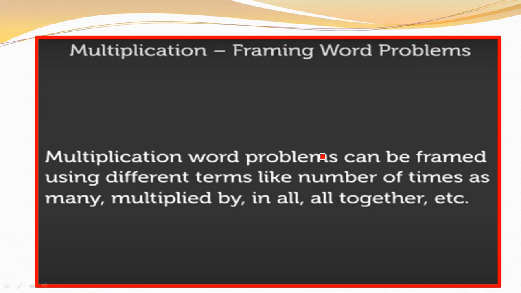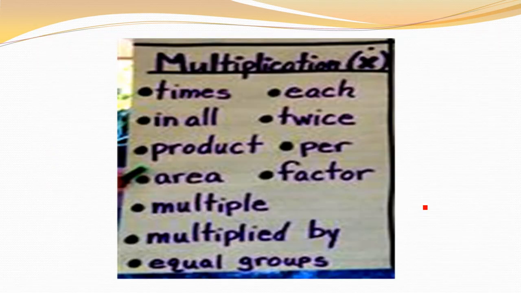Multiplication word problems can be framed using different terms like number of times, as many, multiplied by, in all, together, etc. So basically these are the key terms or keywords.